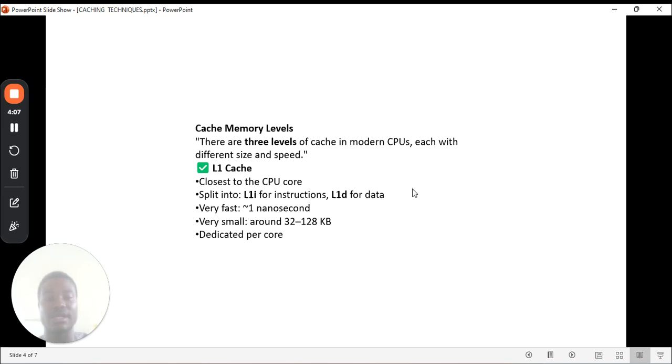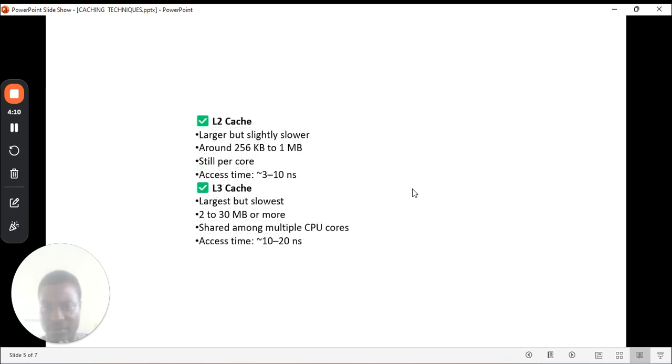So let's move on to the second level. The second level is larger but slightly slower. Its size is around 256 kilobytes to 1 megabyte, and its access time is approximately 3 to 10 nanoseconds. Level 3 of the cache memory is also larger but slower.